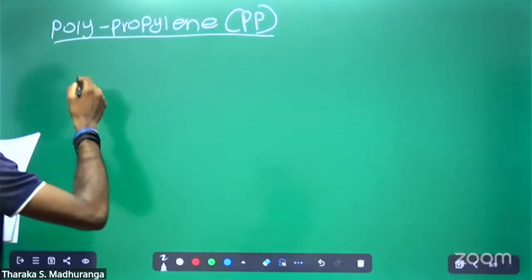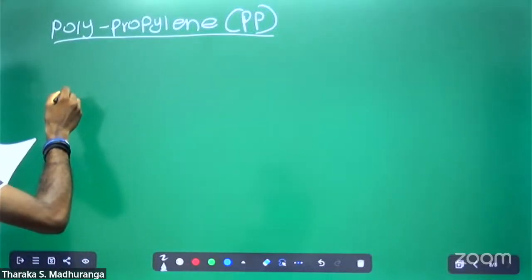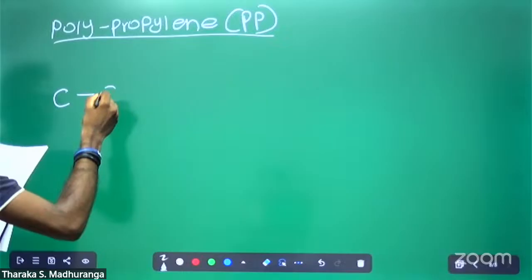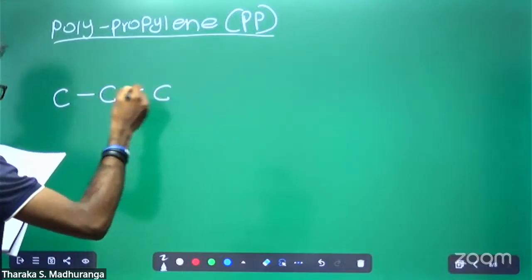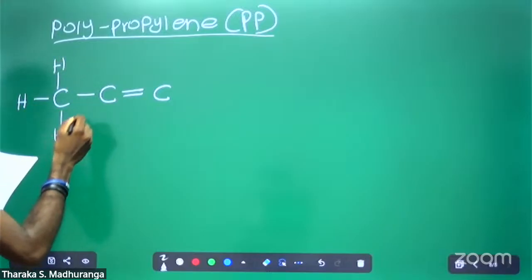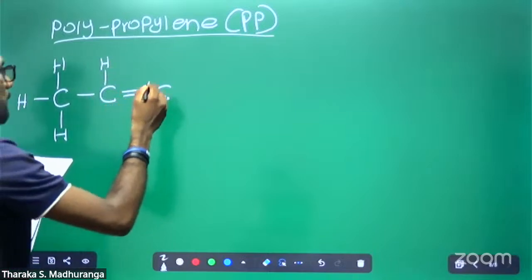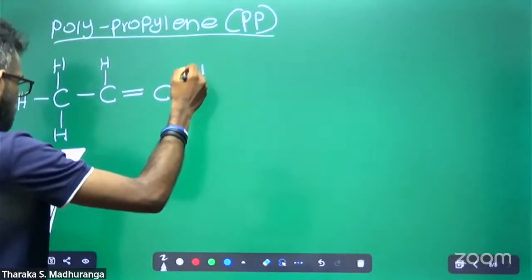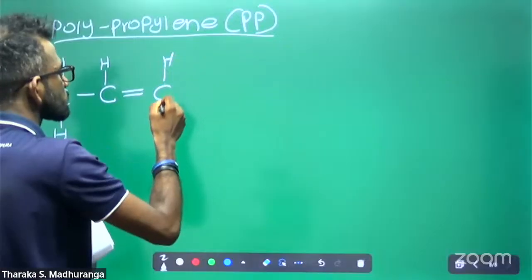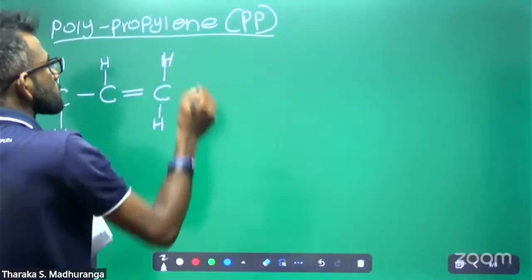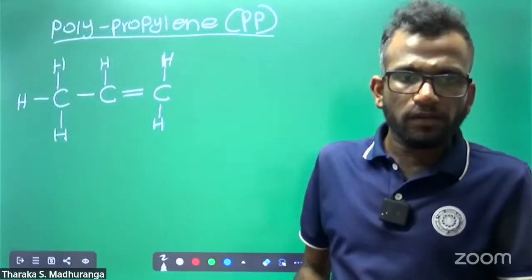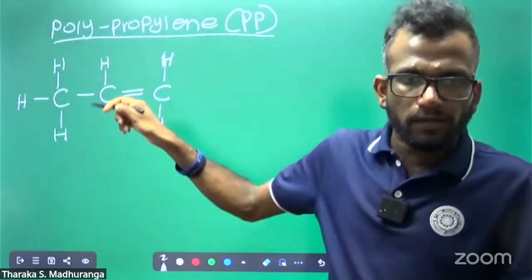The monomer is propene. The propene is like this. 3 carbon, 1 carbon pair has a double bond and the others are single bonds.